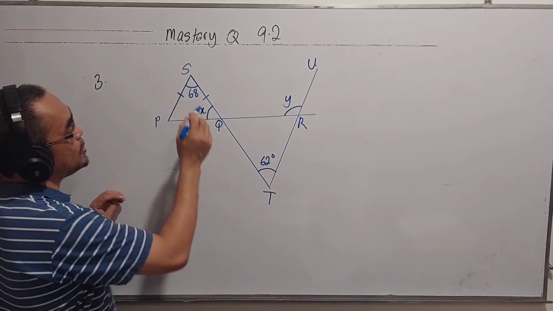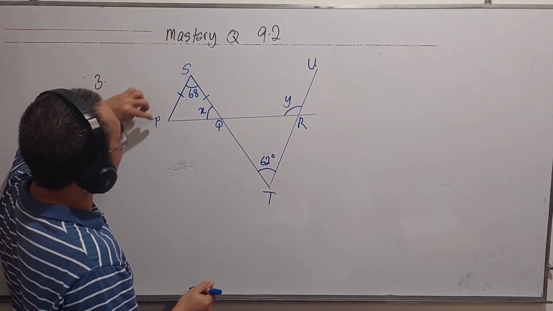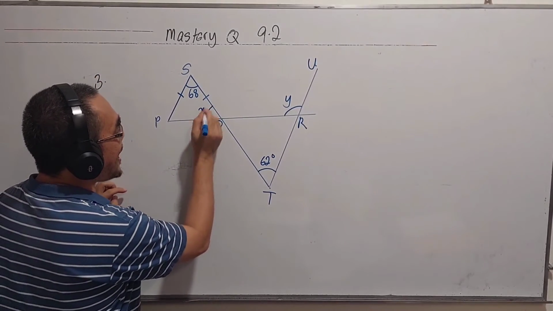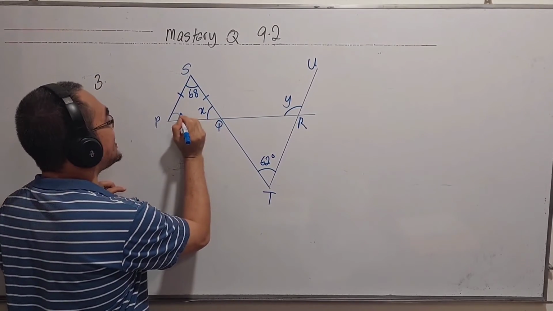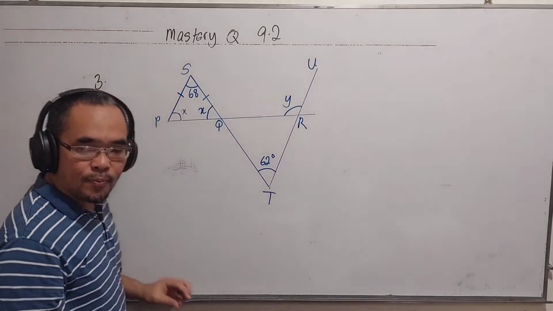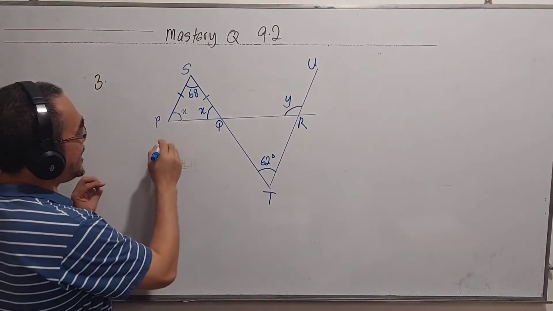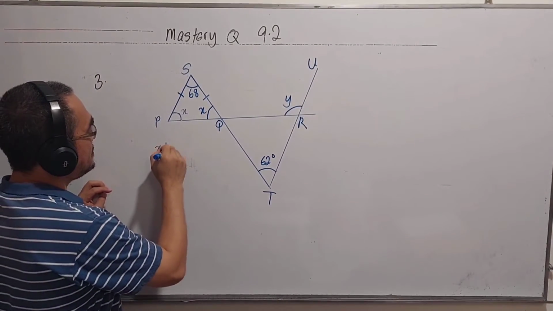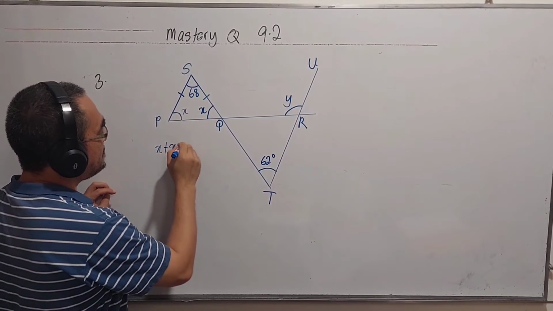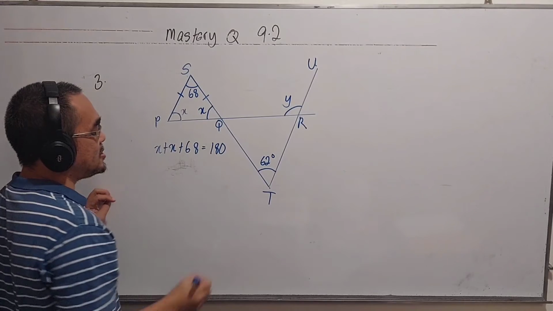Okay, so the indication is that SQ is equal to SP, so the angle X here, there is another X here. If two sides are equal, we have two angles which are equal. So we say X plus 68 is equals to 180.